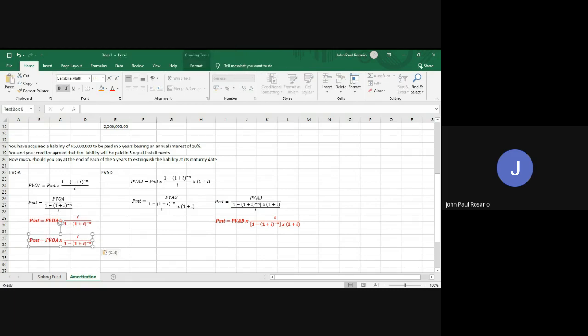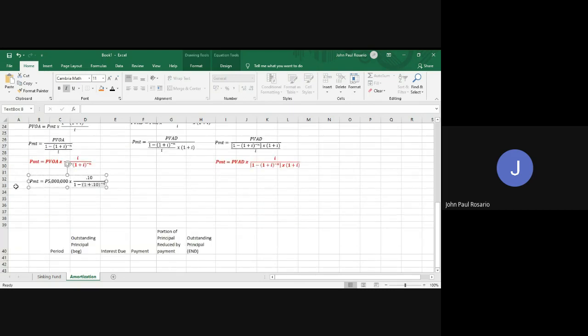How much is our payment? Our outstanding liability is 5 million pesos. So our i is 0.10, and we also have 0.10 here, and our n is 5.